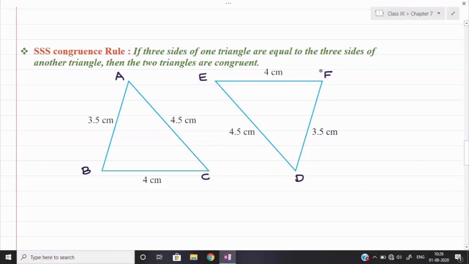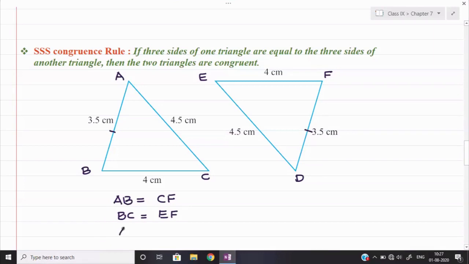Okay, so observe here we are given that AB is equal to DF. So one side I got here, AB is equal to DF. Similarly, the second one is given here, BC is equal to EF, and the third one is given equal to us, that is AC and DE.